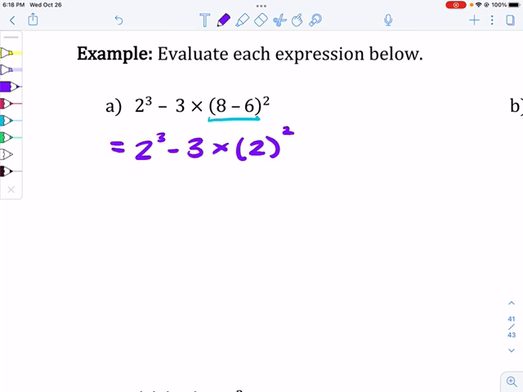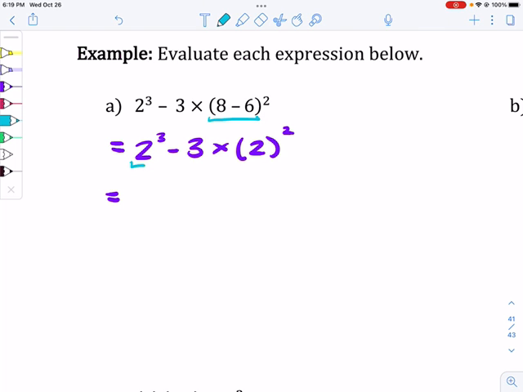Now, you'll notice that I keep this 2 within the brackets in the odd chance that it is in fact negative, because if it were negative, then my next step of applying that exponent to the difference within that bracket would need to be included. That negative would need to be included in the repeated multiplication. Here we have a positive number, so it doesn't quite make a difference, but I'm always going to leave whatever I get in my brackets when I simplify it left in brackets just in case.